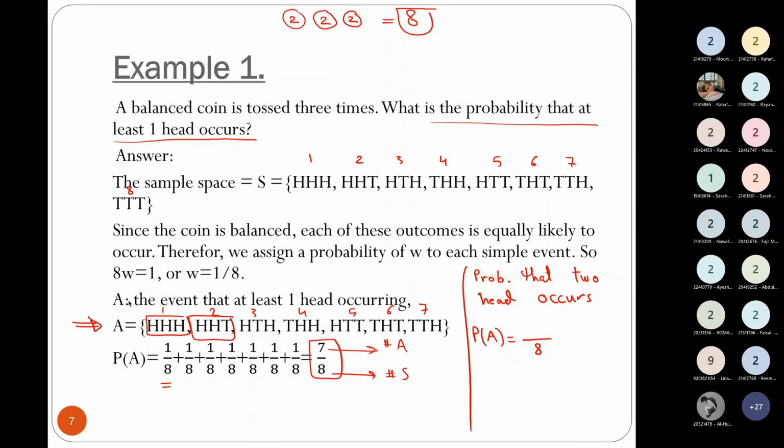How many outcomes have 2 heads? 1, 2, 3, just 3. So we have 3/8. Good, Rawan. Omar, we have just 3. We don't have 4. We have 3 elements over the whole sample space of 8, so we have 3/8. Any question?